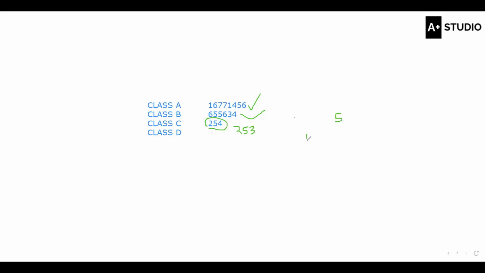Let's say you want a Class C IP address. We can say 192 from here, dot 168 from here, and then dot 2 from here, and then the host part.